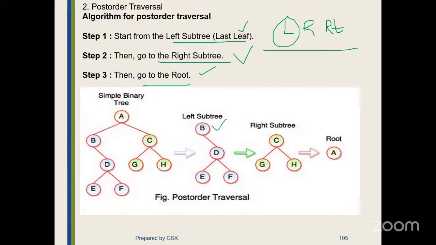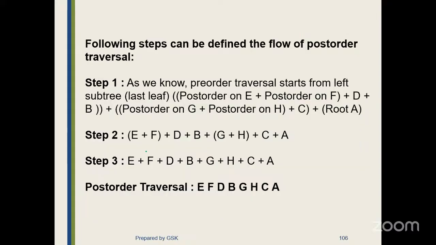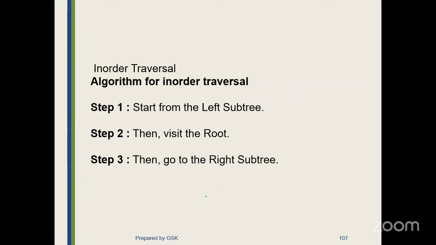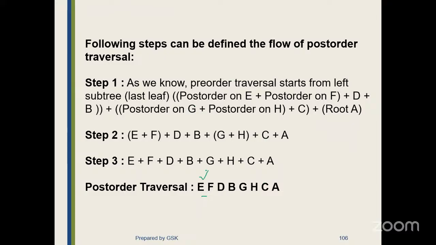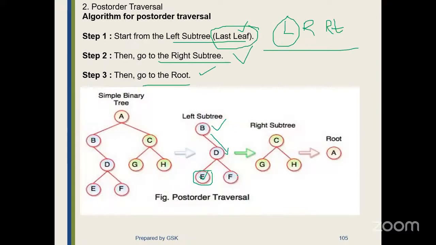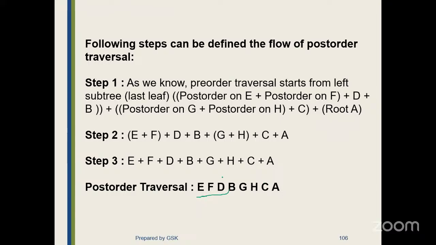Until we reach the leaf node, we must go through it. Last leaf. Observe here. What is the last leaf here? E. So E must be visited first. And left, right, F. Then root node D. E, F, D. Left, right, root node.